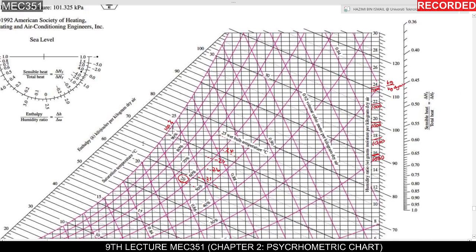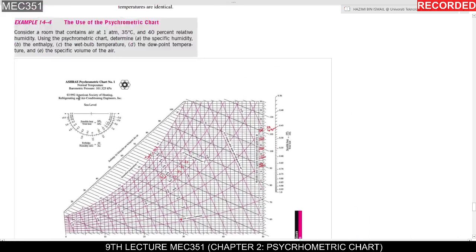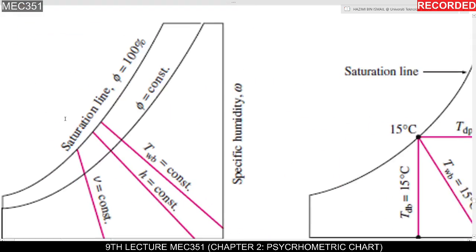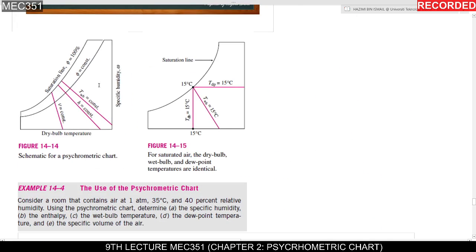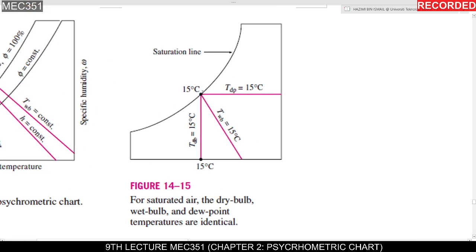Why is 100% important? Because we know at 100% relative humidity, it also means that it is equal to T sat. T sat, if you recall back, this one, saturation line, 100%. For the saturated air at this line, the dry bulb, wet bulb, and dew point temperature are identical. So it means that the temperature for wet bulb, dry bulb, and also the dew point is the same if we reach the saturation line here.